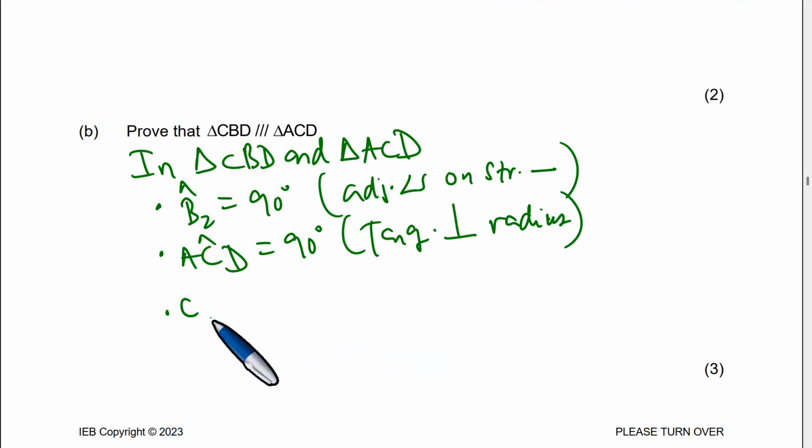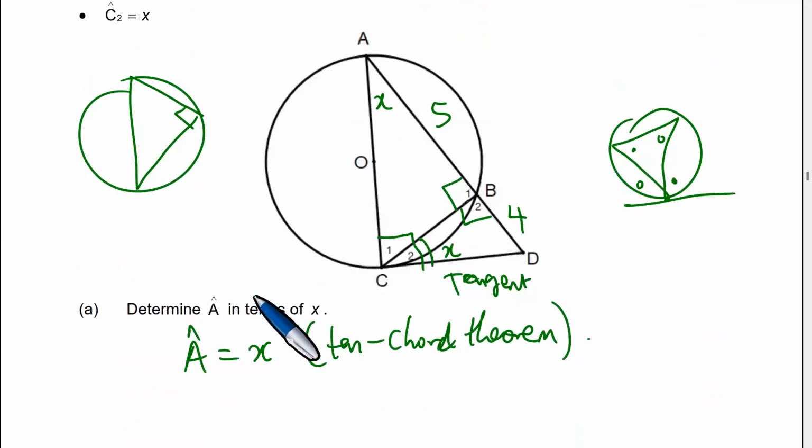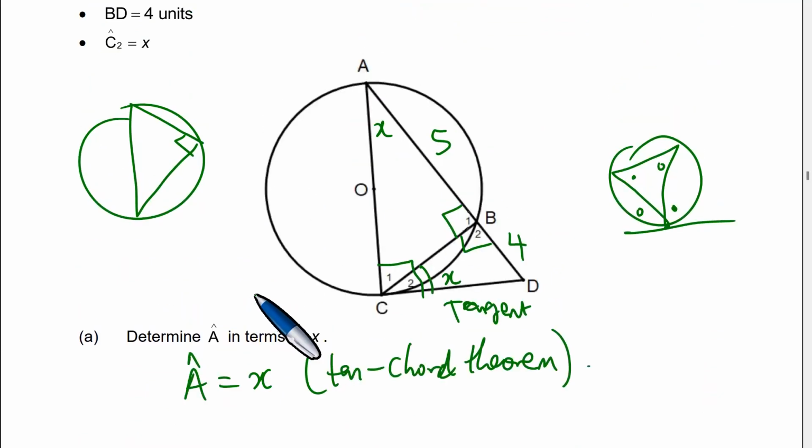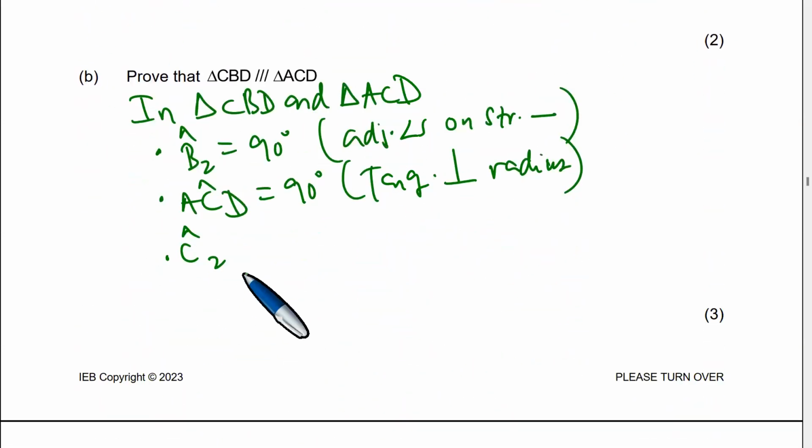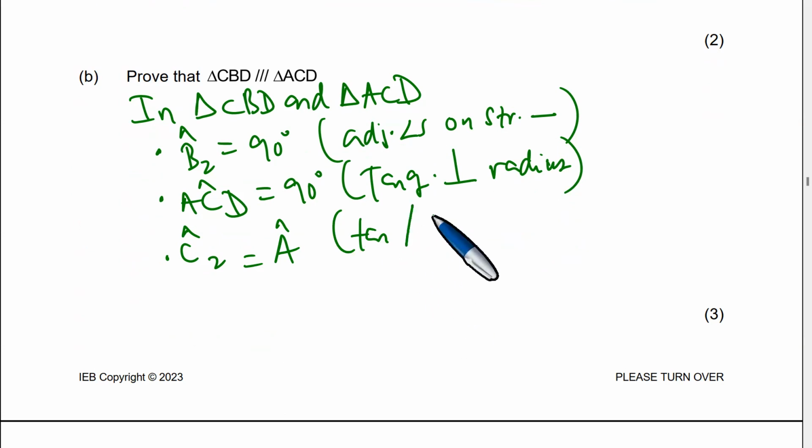Which means angle C2 is equal to angle A, and this is the tan-chord theorem.